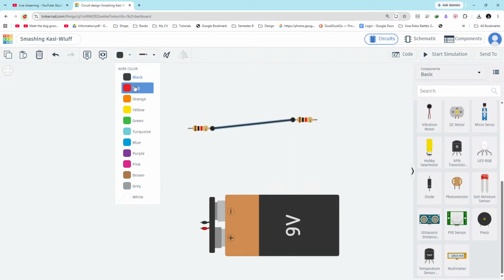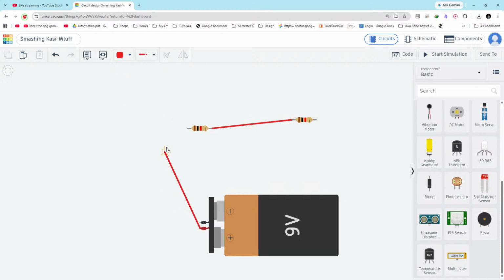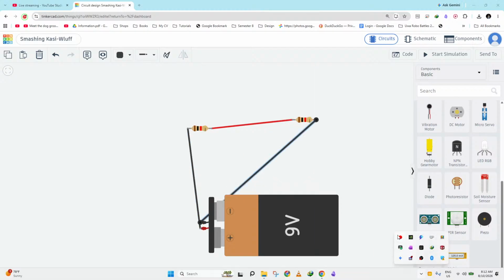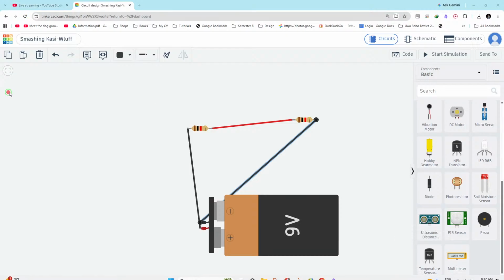Let's have red here and connect the positive to this end, and we will connect the negative as well, something like this, right? That is going well.